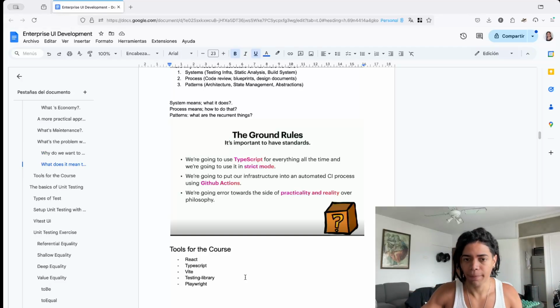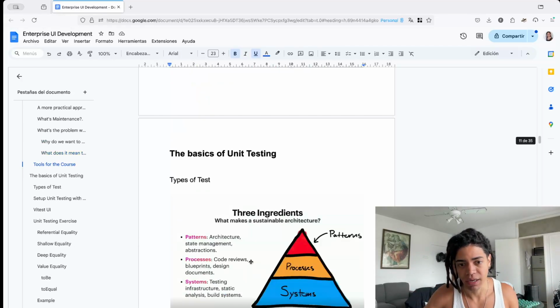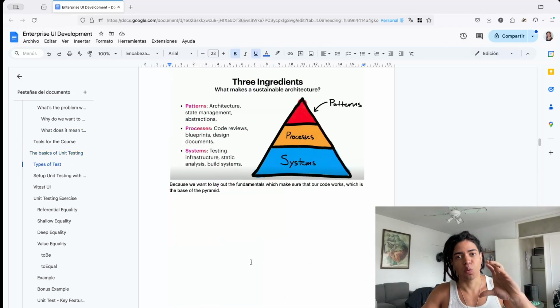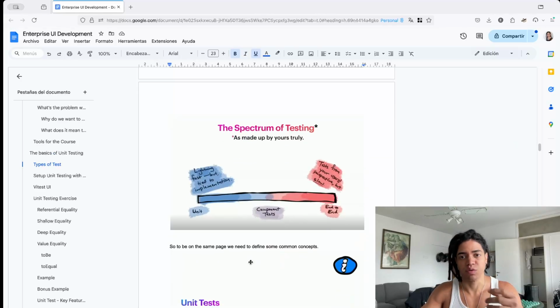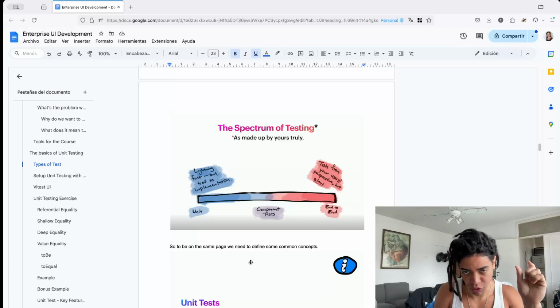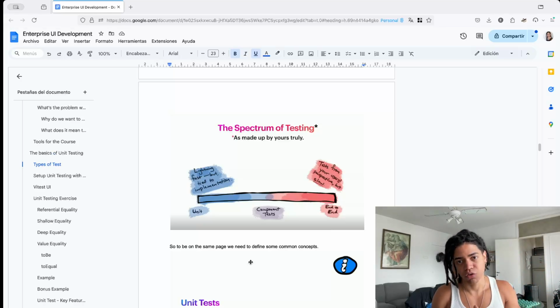All right, so what does it mean? First we look at the unit testing. We talk about the spectrum of testing, which starts with unit testing, which only takes care of whether that particular functionality works as expected. And then as we move along the spectrum, we pass through component testing and integration testing, and then E2E testing, something that we're going to see later on.